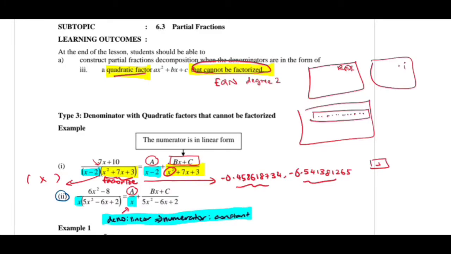Alright, looking at the next denominator. Next to x, there's the quadratic expression, which is 5x squared minus 6x plus 2. Now try to pause the video, press your calculator, and find out the value on your calculator.